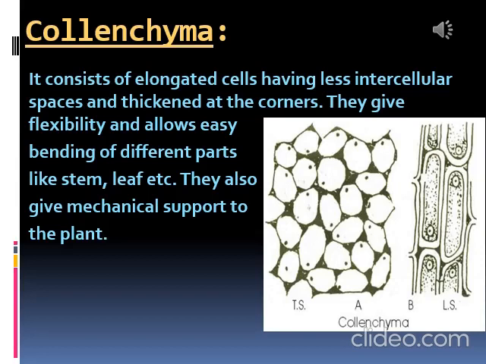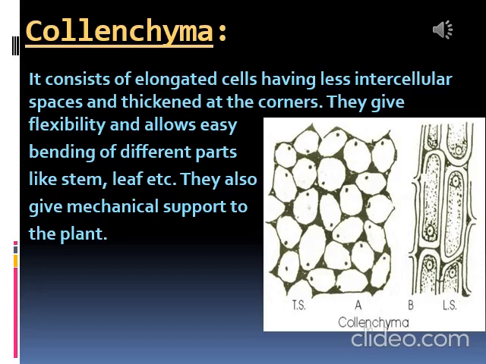They give flexibility and allow easy bending of different parts like stem, leaf, etc. This type of tissue also gives mechanical support to the plant. Collenchyma basically occurs in leaf stalks and leaf midribs. It is absent in the monocots.